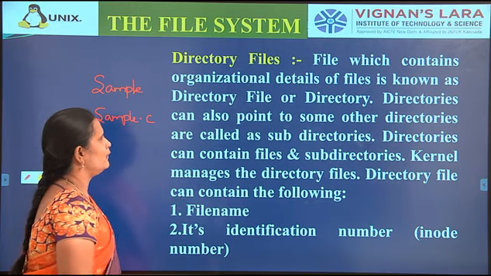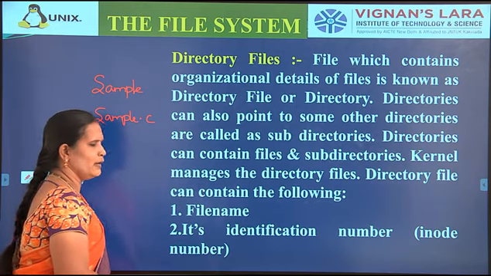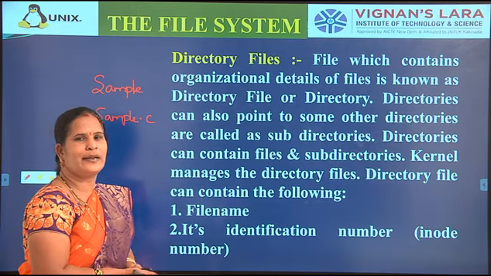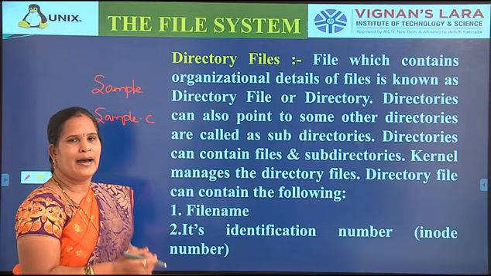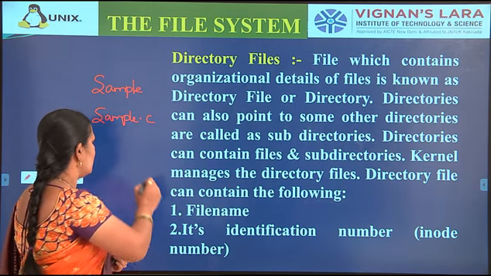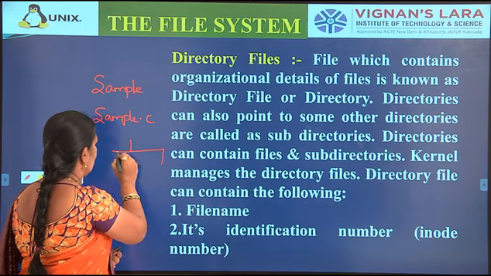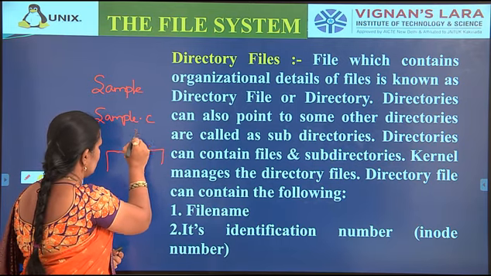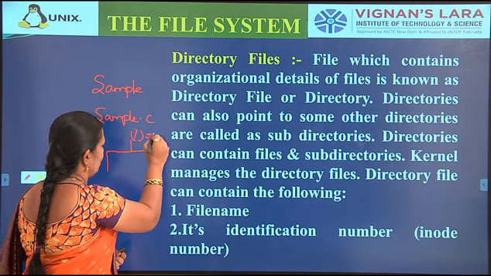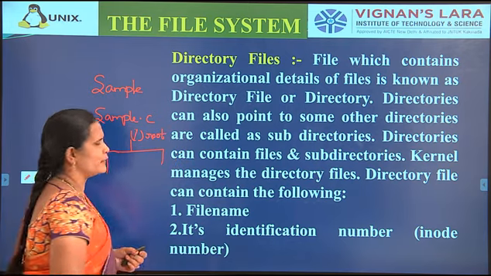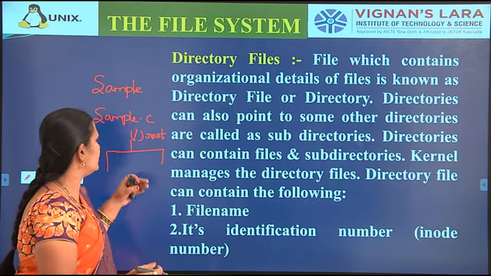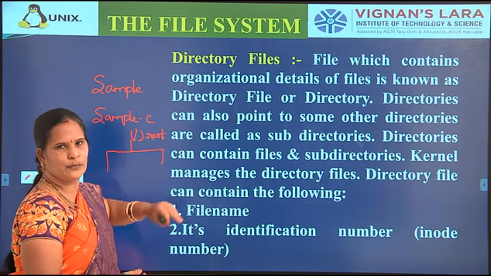Here we are talking about directory files. The Unix file system is maintained in a hierarchical manner. A hierarchical structure means a one-to-many combination. The first one is the root. This is the parent, and all the files, subdirectories and directories can be created under this root only.